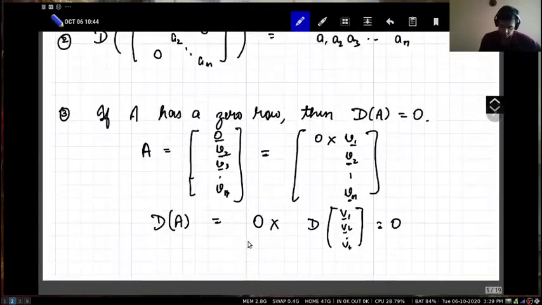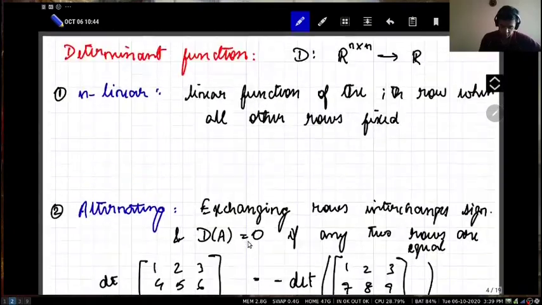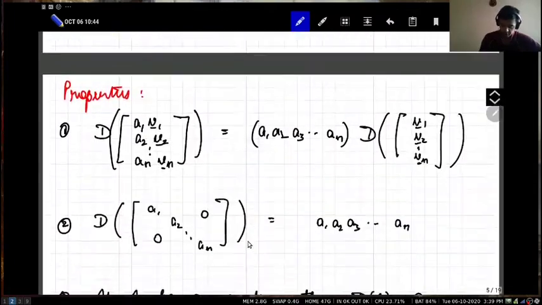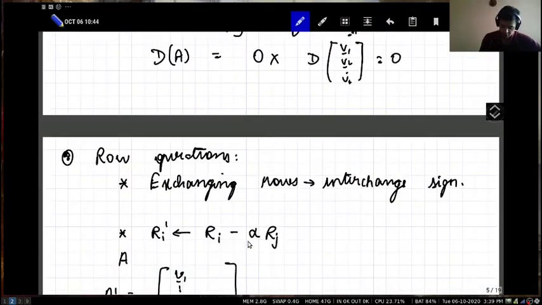So basically this is an n linear combination of two matrices A and A prime. So recall, let's go back to the n linearity property. So suppose that you have a linear function. So the determinant is basically a linear function of the ith row as long as all other rows are fixed, right? And here we're fixing all other rows.